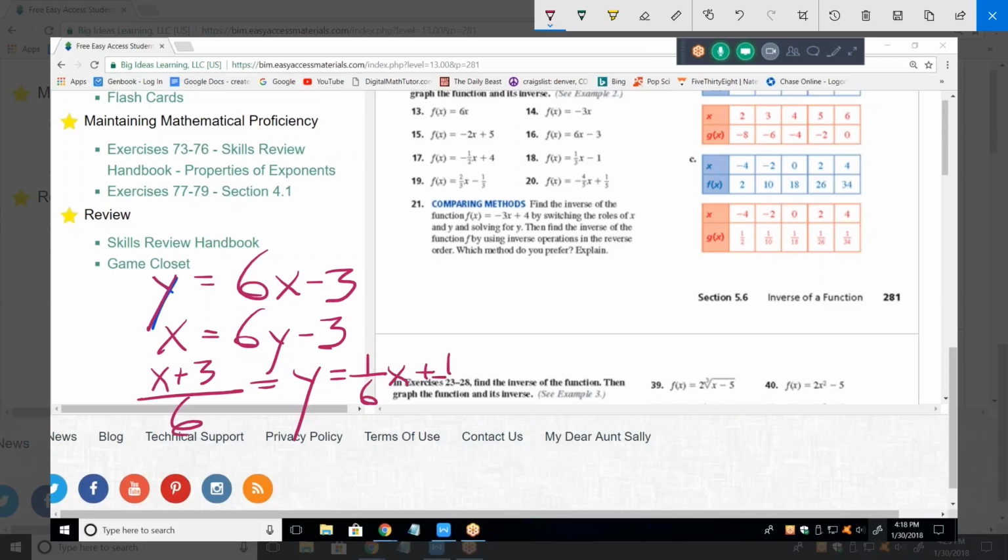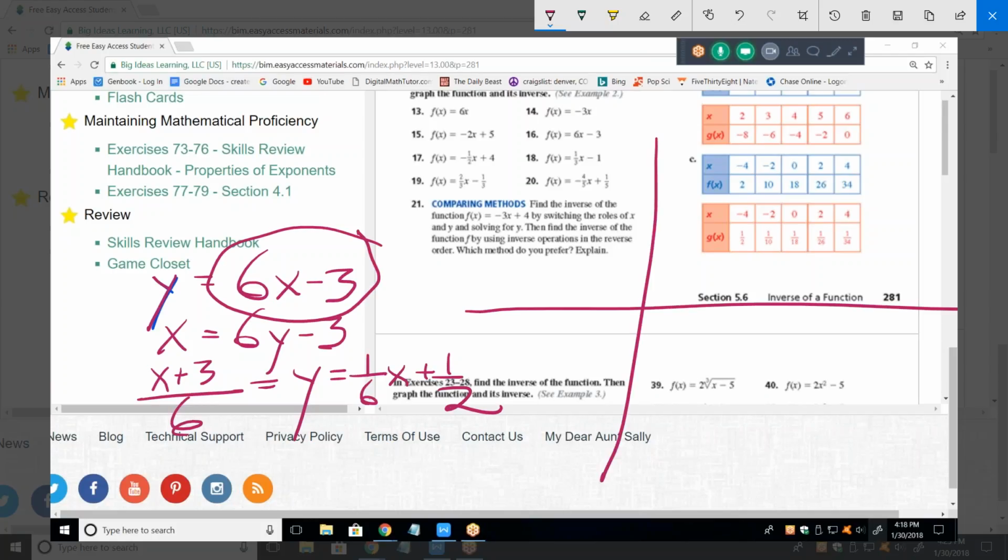Correct. Now, graph that one. So the y-intercept is at -3. And then the slope is up 6, right 1. And graph the other one.